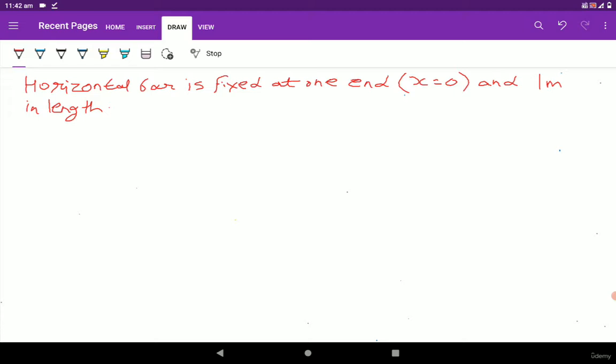And the cross-sectional area of the bar is 100 millimeters square.